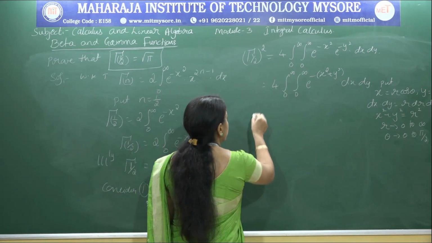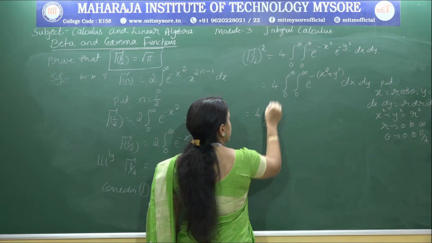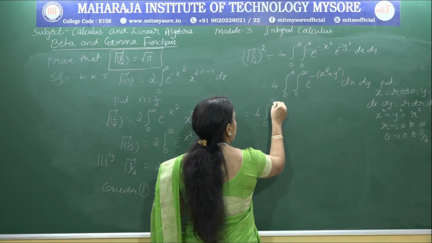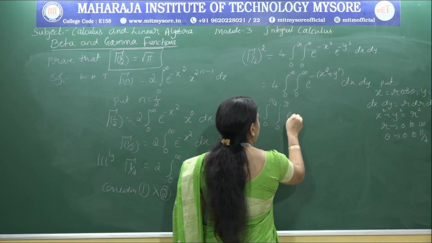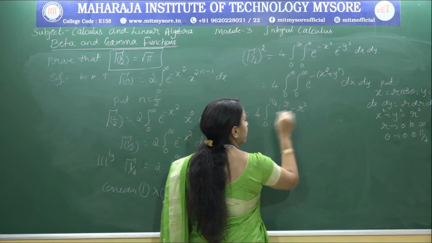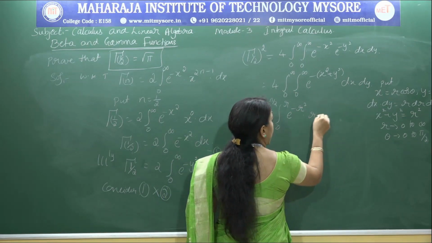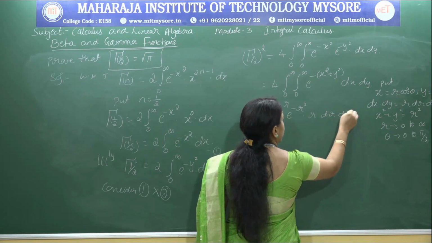So that is 4 times the integral 0 to pi by 2, integral 0 to infinity e power minus r square, and dx dy is r dr d theta.